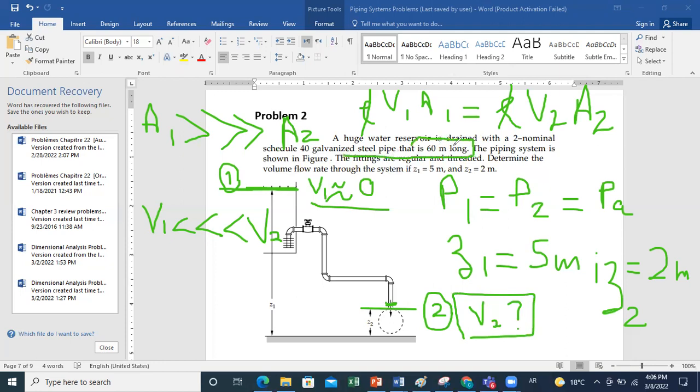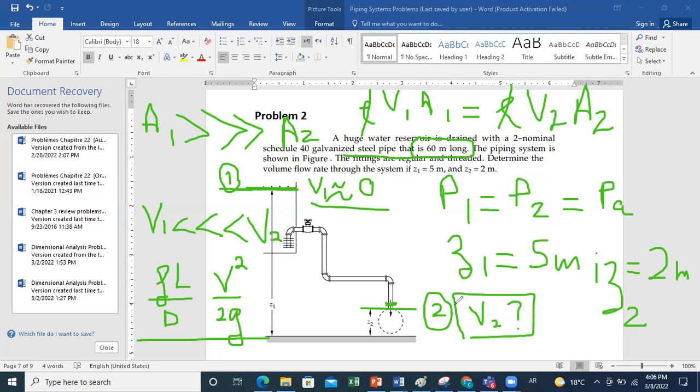And I know that major losses are in the form of f times total length over D, the hydraulic diameter. But here you have a circular pipe, so you take the diameter of the cross section of the pipe, times V squared over 2g. So this is the expression of the major loss.